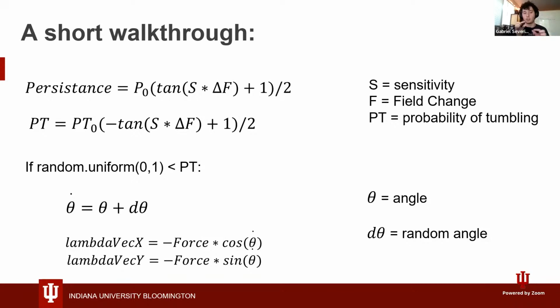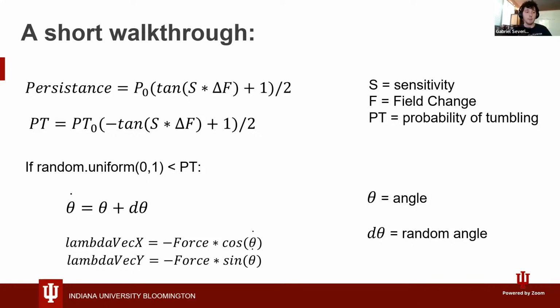We give our bacteria three different outputs. Persistence, which is related to how much the cell will change direction as it tumbles. TP, which is the actual probability of the cell tumbling at a given point in time. And P itself, which is the polarization, the vector, the angle of direction that the cell actually goes. So these are how we're mathematically defining them.